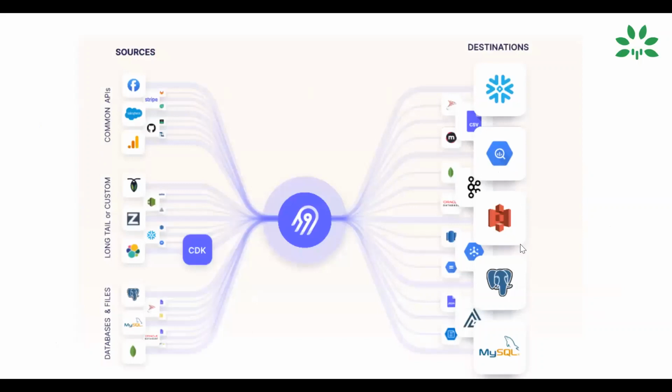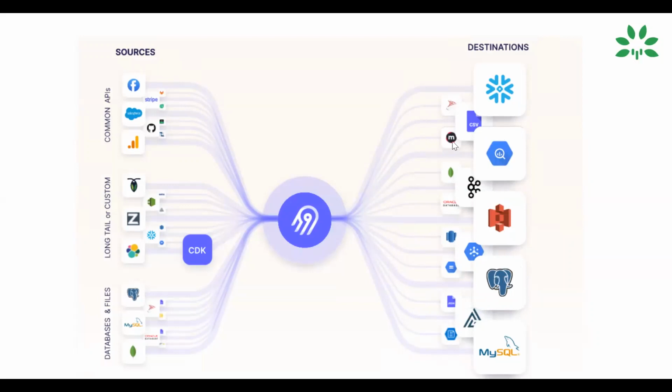So this is an image which just gives you a view of some of the popular sources here. So you can see a Facebook, a Salesforce, Elephant SQL is for your Postgres, MySQL, and others here. And similarly, the destinations could be your Snowflake, a very popular data warehouse, or Redshift, S3, another Postgres.